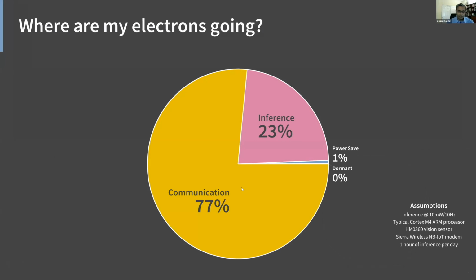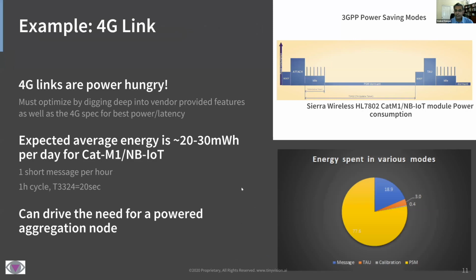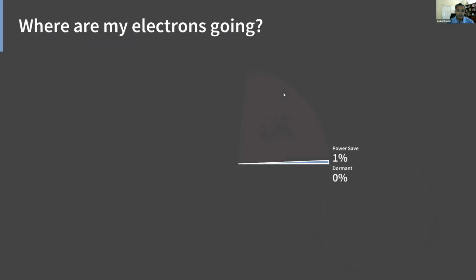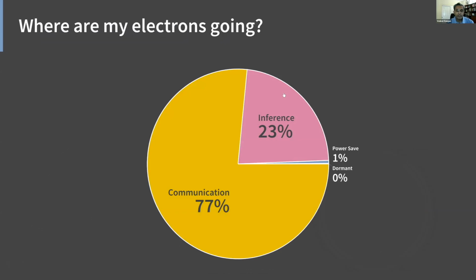If you see the pie chart that I showed before, which is where is the energy spent in this modem itself? Most of it is spent just waiting, in this deep power down state. So the way to really address this is to say, most of my energy is going in communication.